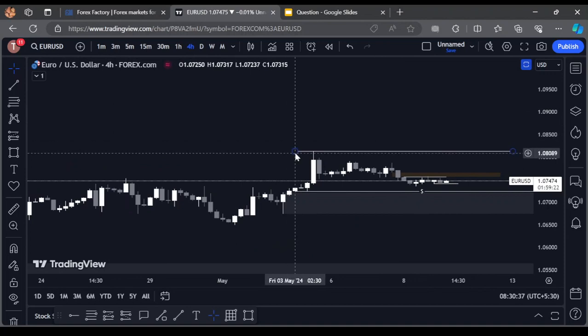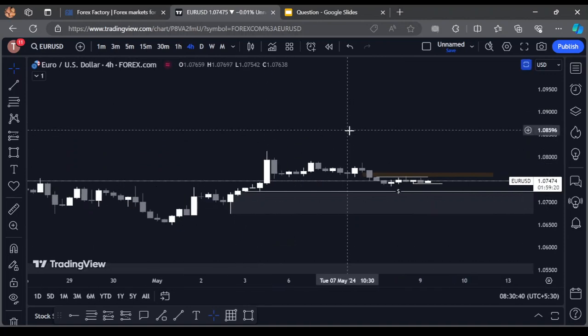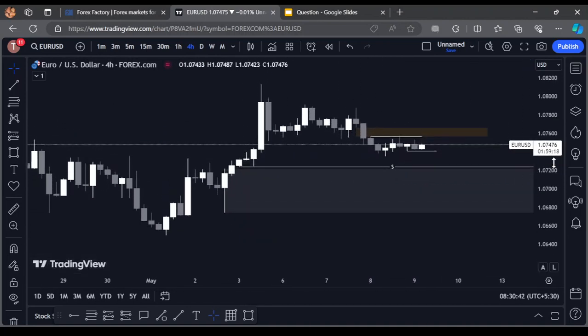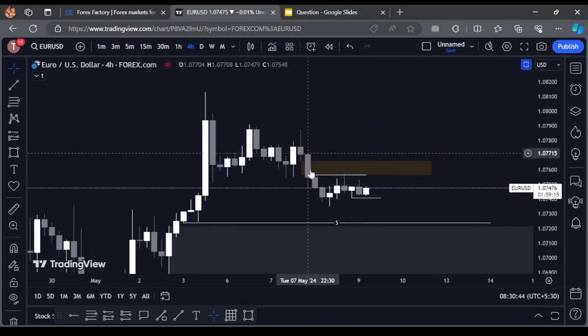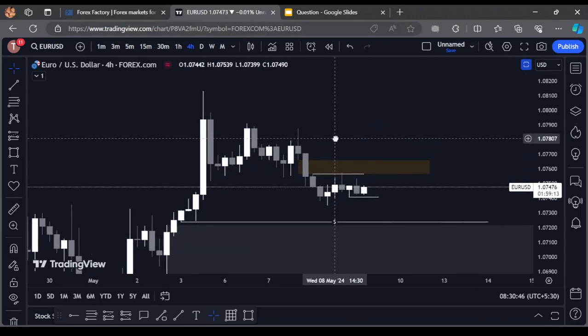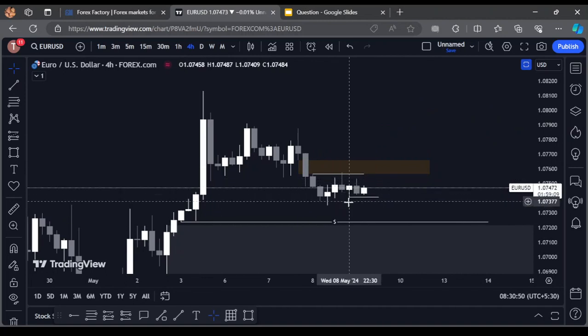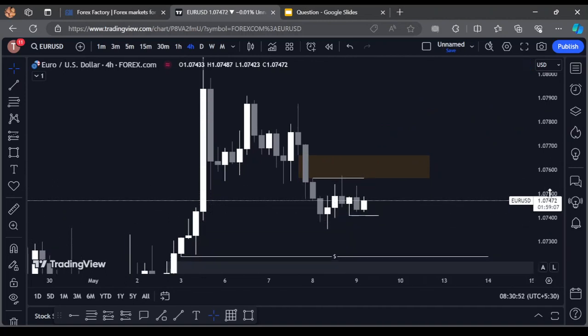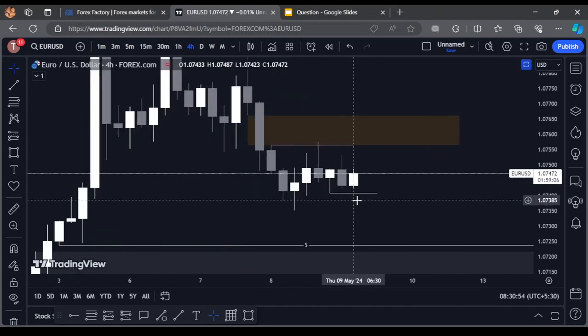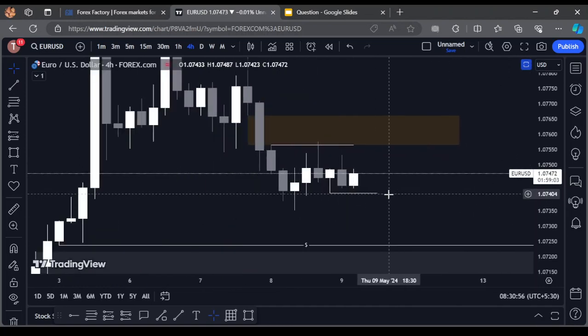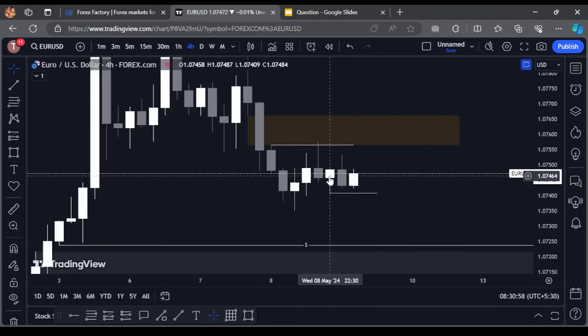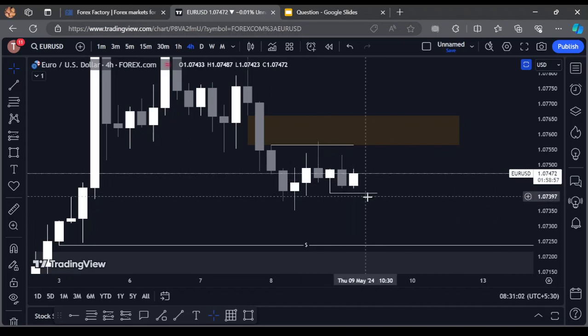Now this is the 4-hour chart, and what we can see is that the price is making FVGs over here. It has respected this FVG, and if we are going to break below this candle with a closure, that is, I'll be expecting the price to move below this candle, giving a candle close below it.